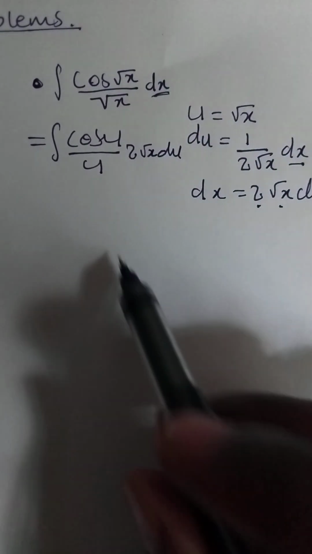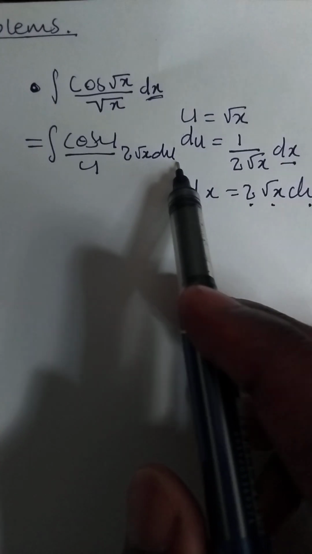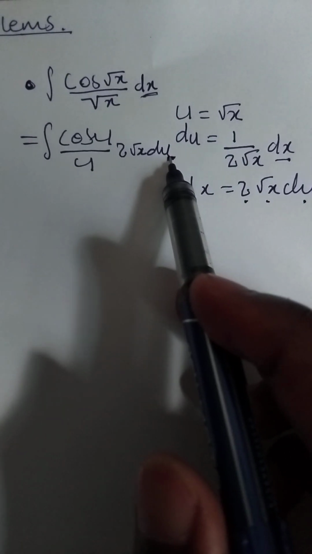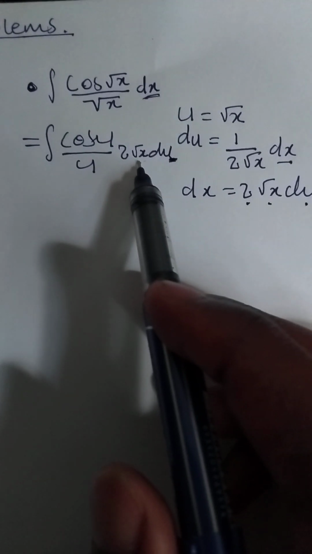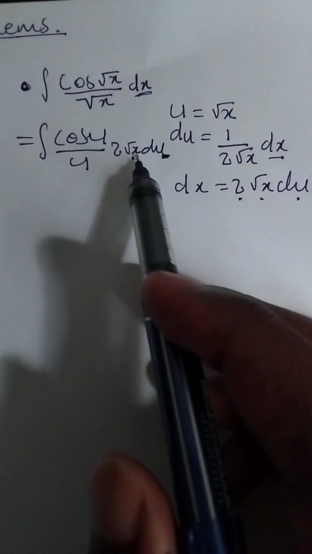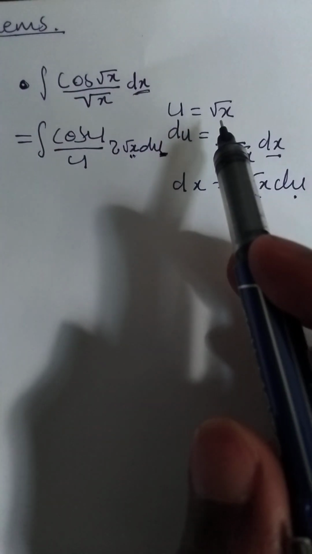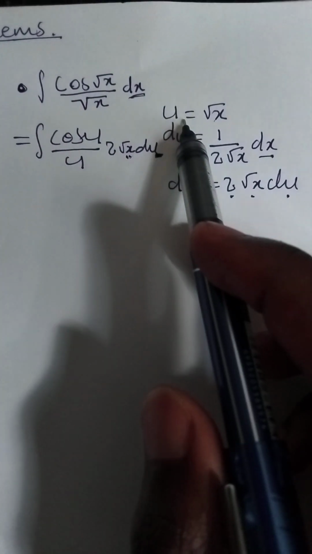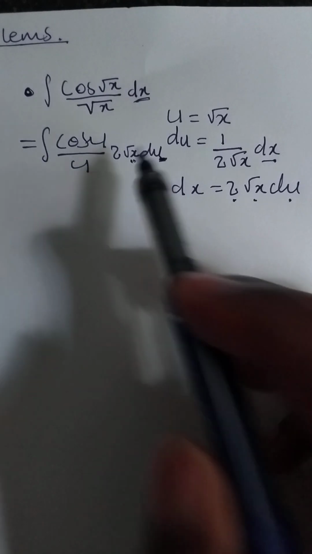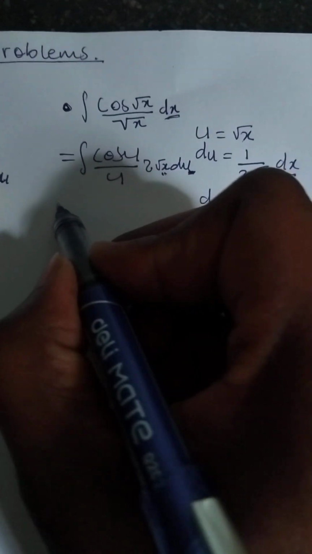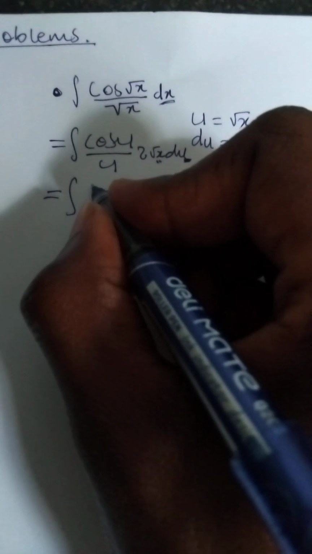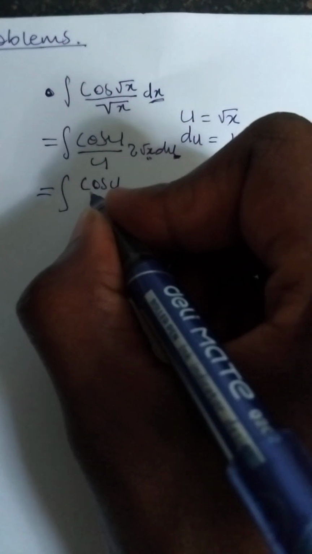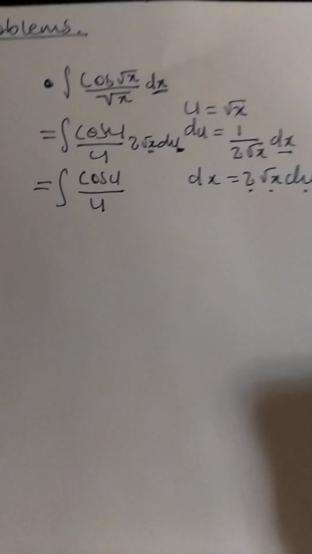Just like that. But now we are integrating in terms of the variable u, and we see the variable x there. So that thing is a problem for us. We want to write it in terms of u as well. So we remember that root x is basically u, so we can plug in u where there's root x. You see, I'm not rushing anything. I could have done that right away when I was differentiating, but I'm trying to show you guys step by step so that some of you who are lost will keep track, okay?